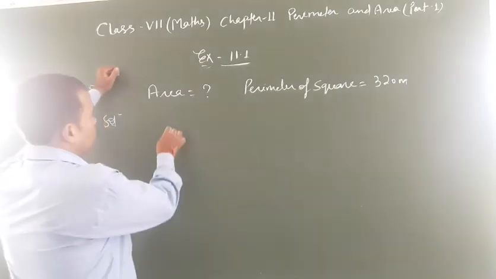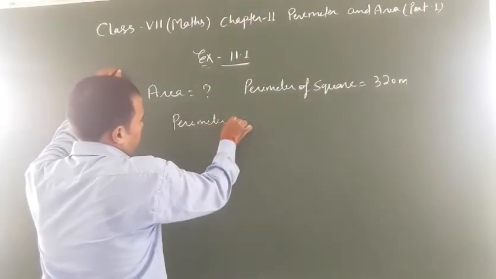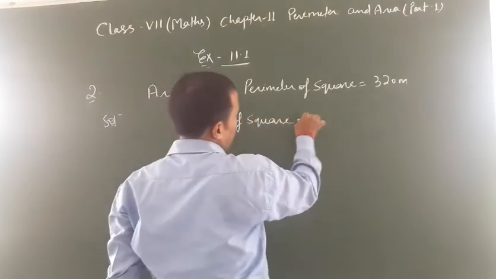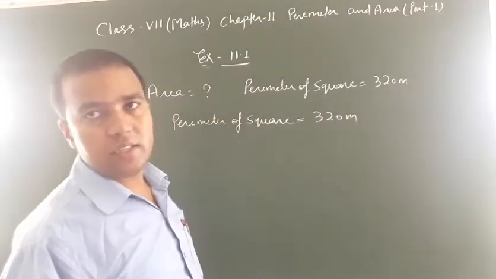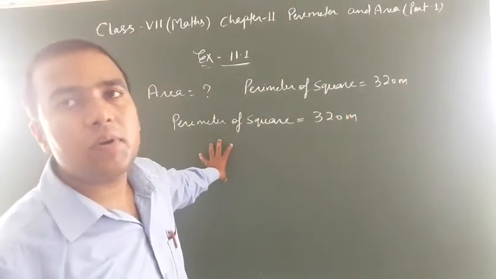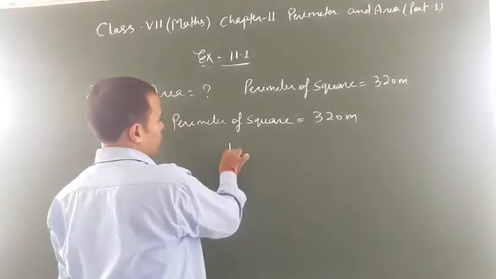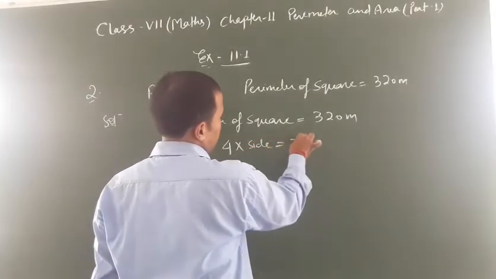Perimeter of square equal to 320 meter. It is given. We know the formula: perimeter of square equals 4 into side.